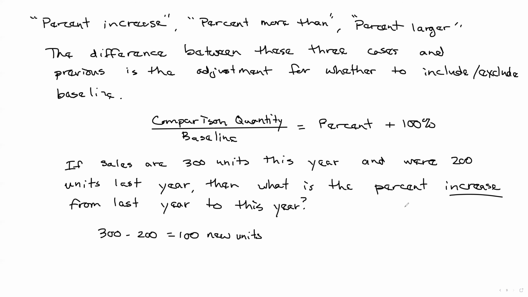Then to figure out the percent increase, you take the 100 new units and divide it by the amount from last year, the baseline. 100 over 200 is 0.50, which is 50%. So we'd say there's a 50% increase in the number of units sold.